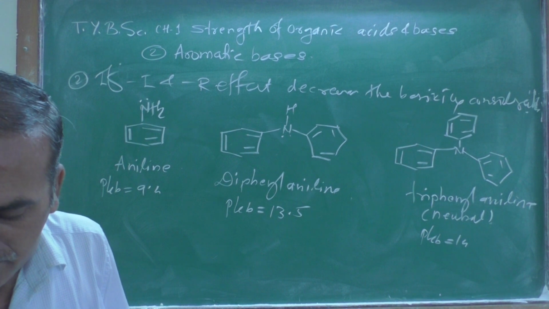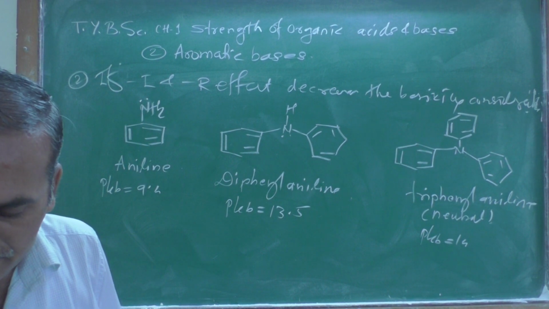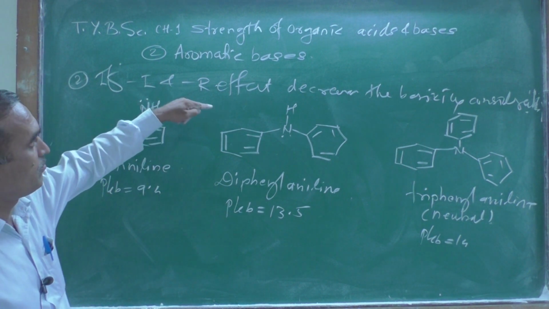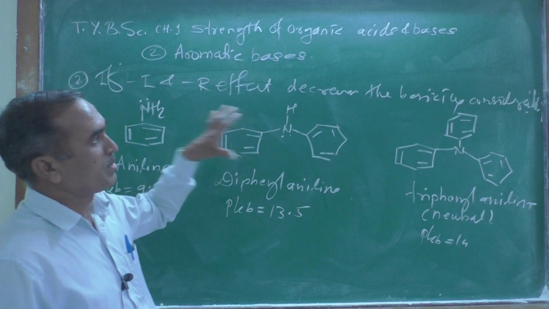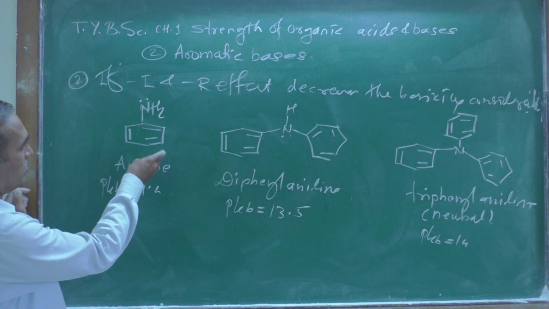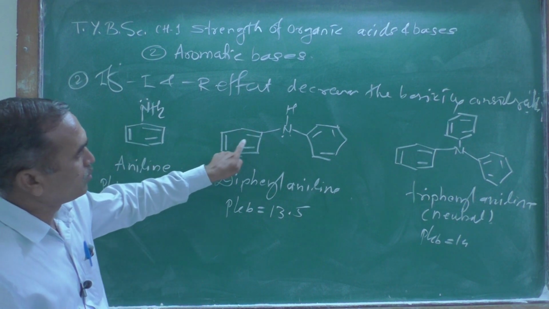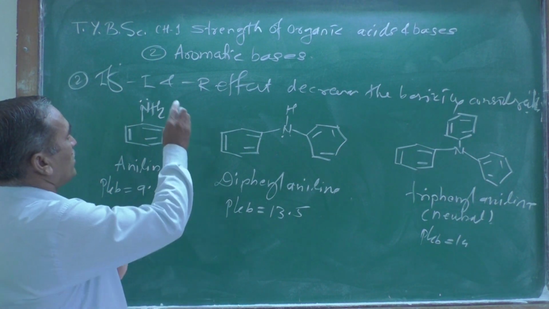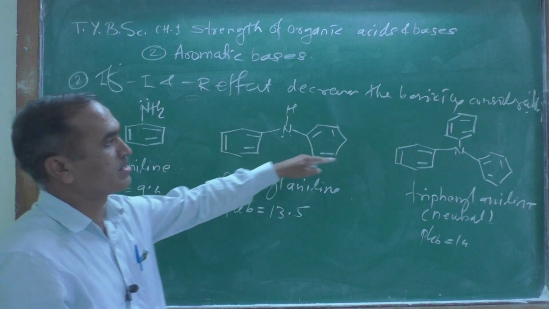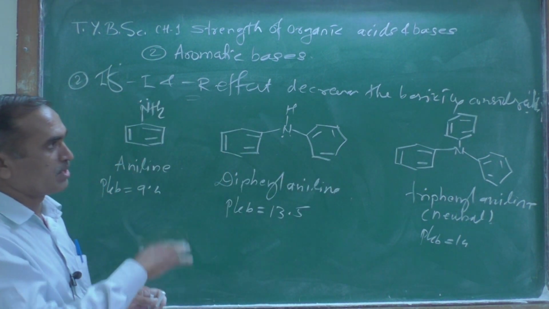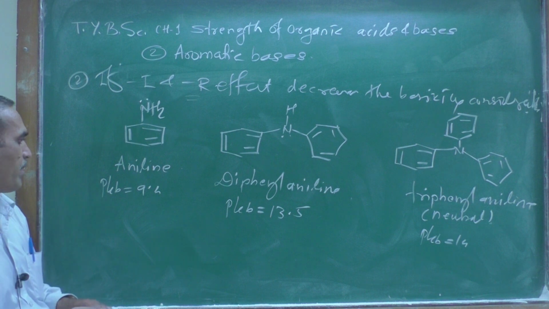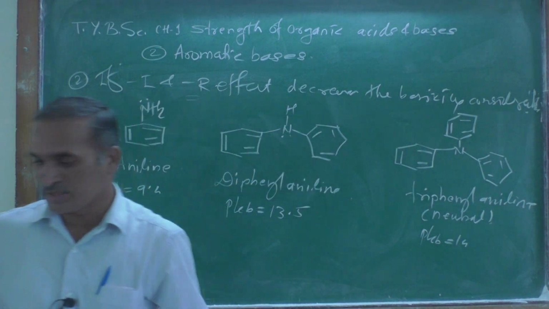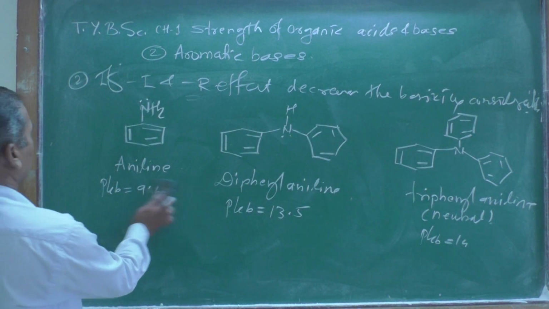So in this way we can remember this is the second application: the minus I inductive effect decreases the basicity of this compound. Here only one phenyl group is there, and here two phenyl groups, both electron withdrawing groups, are there, and the withdrawing group exerts the minus I effect in these cases, and therefore the basicity goes on decreasing considerably due to the steric effect as well as the minus I inductive effect. This is about the second one.